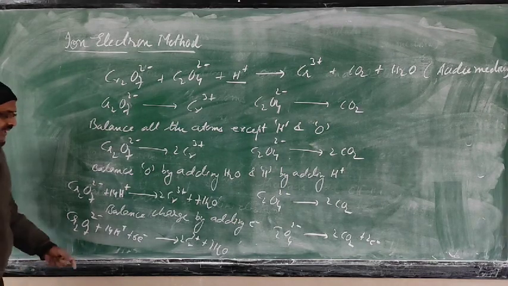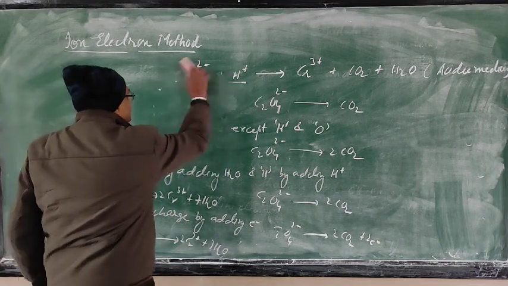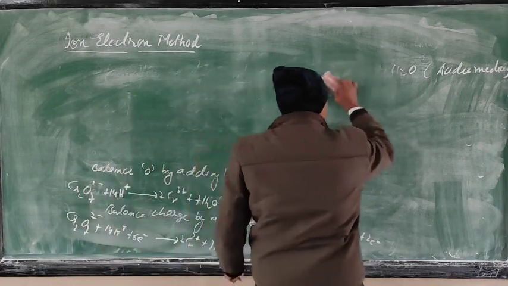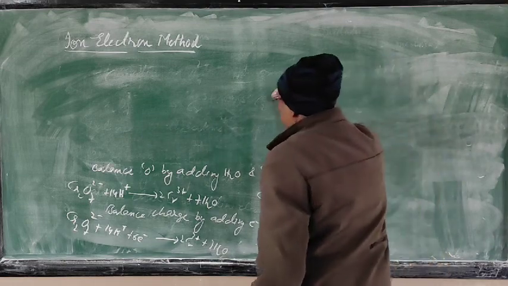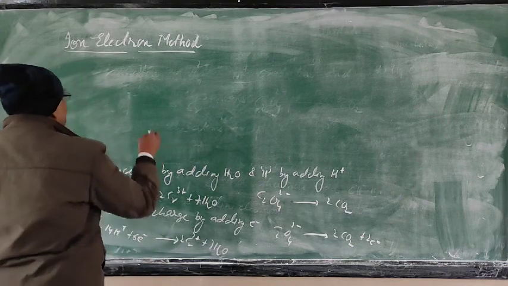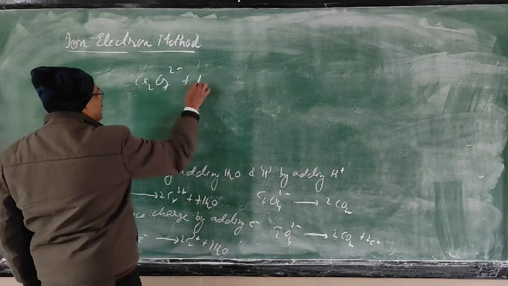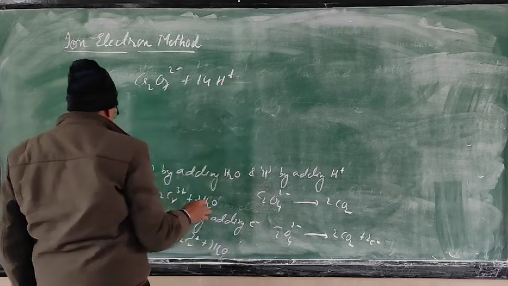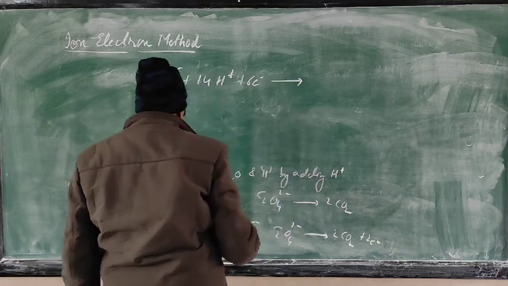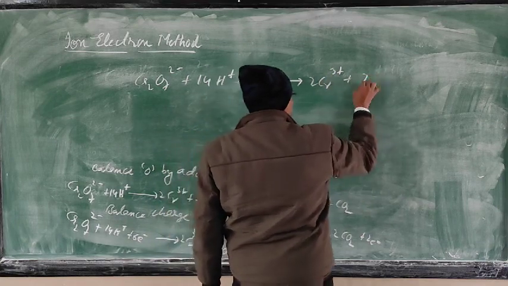Then we have to remove the electrons. So you can write both the equations together, one above and the other below, and see how many electrons there are, to make them common. So Cr2O7 2- plus 14H+ plus 6 electrons gives 2Cr3+ plus 7H2O.